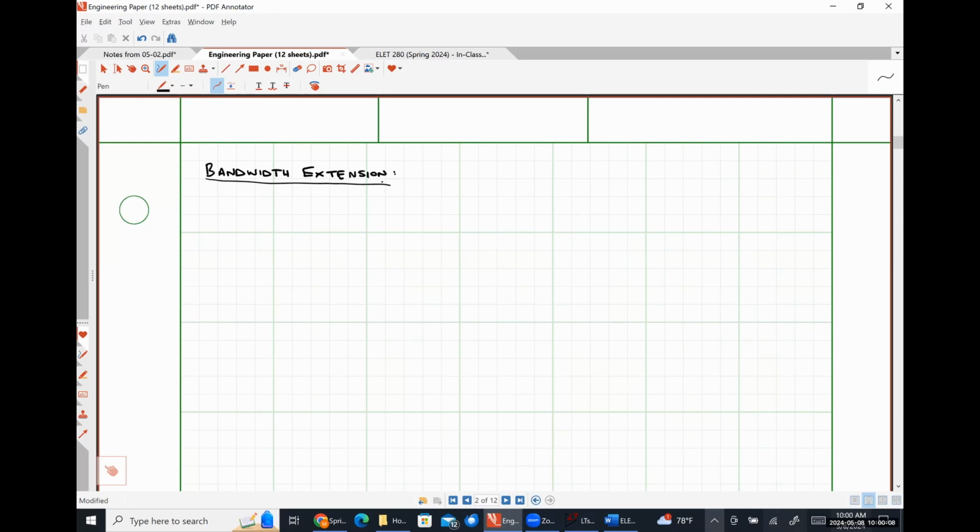So let's say that we have a simple amplifier where I'm going to just call this A1 as a function of S. We have some mid-band gain AM, and then we have a single pole in its high frequency response, so that its transfer function would look something like this.